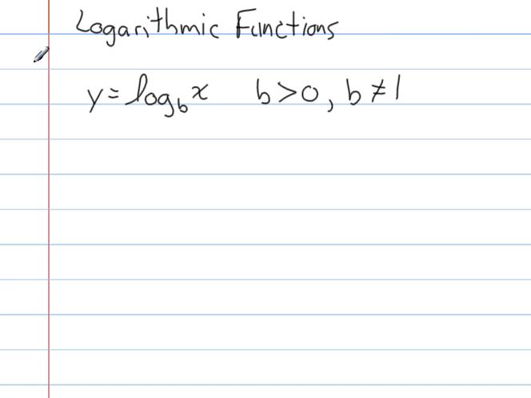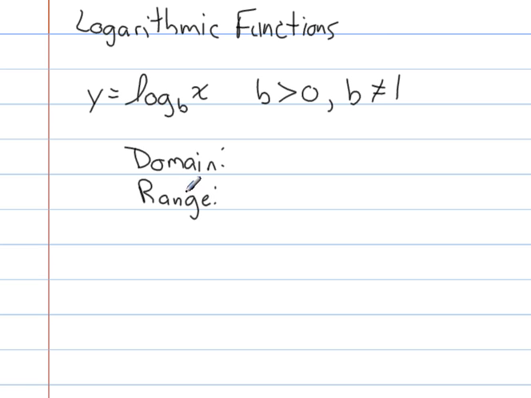Now, thinking about the domain and range. Remember, in order to have your inverse, you just switch the x and the y. So since the logarithmic function is an inverse of my exponential, I just switch my domain and range.